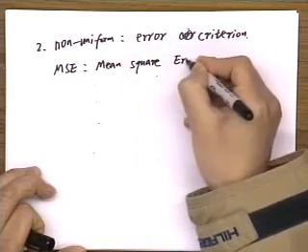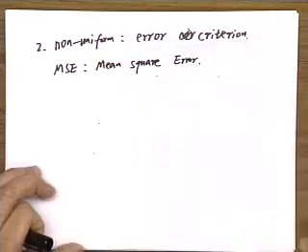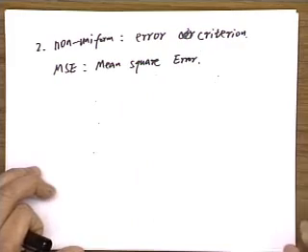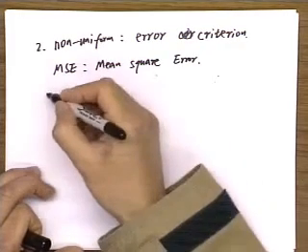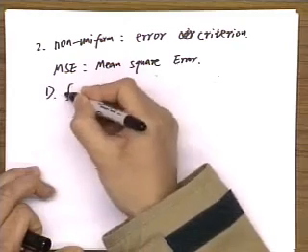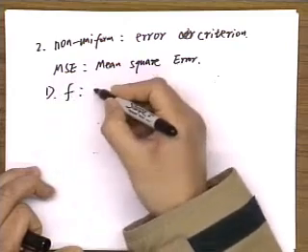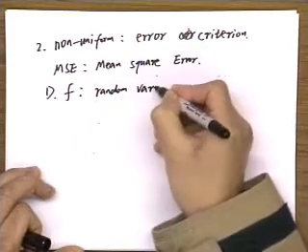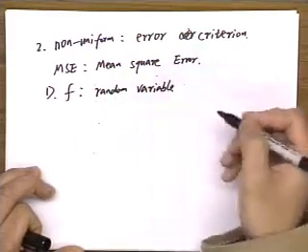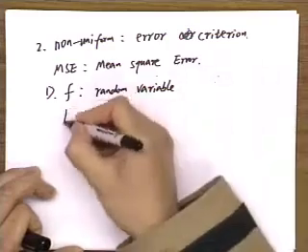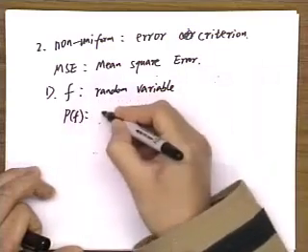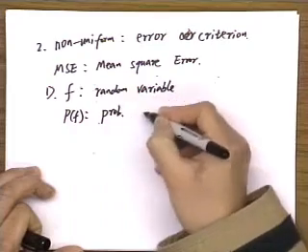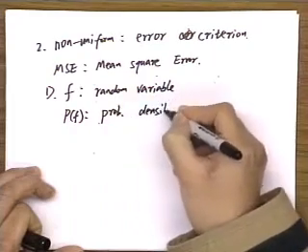In order to formulate this problem, we first need to introduce several variables. The first one is the auto code f. We model it as a random variable, which has a probability density pf, the probability density function.